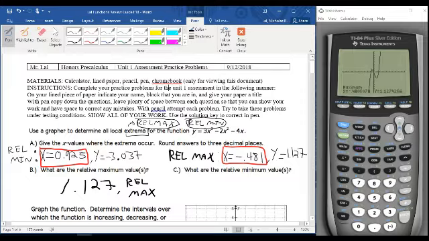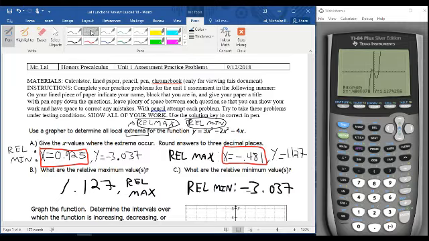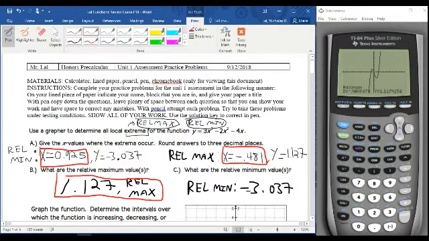And then the relative minimum is this y value right here, which is going to be negative 3.037. And to follow good form, let's box our answers. All right, that is problem 1.